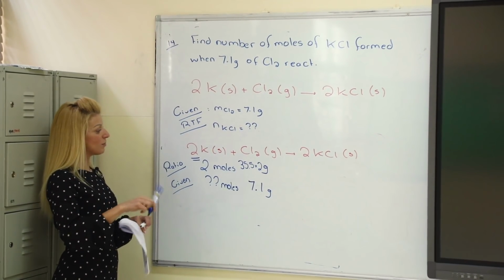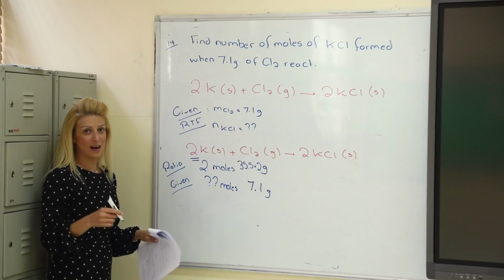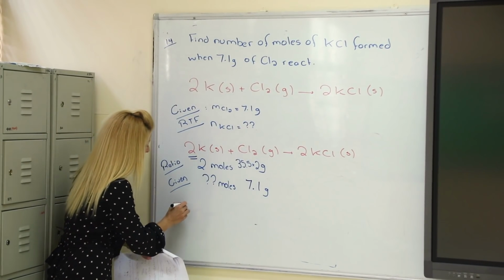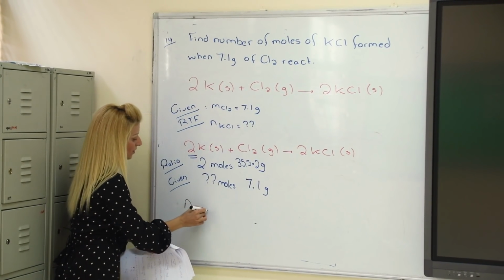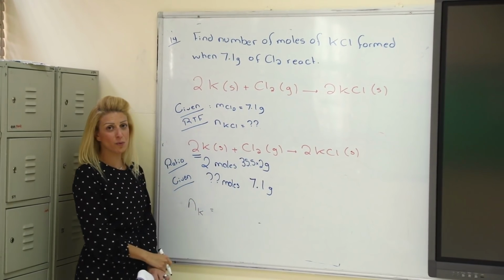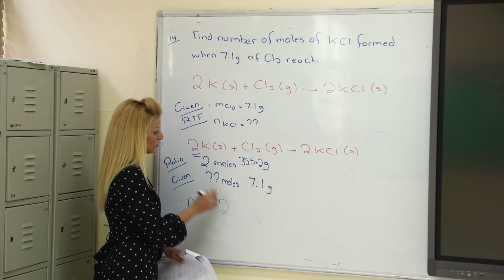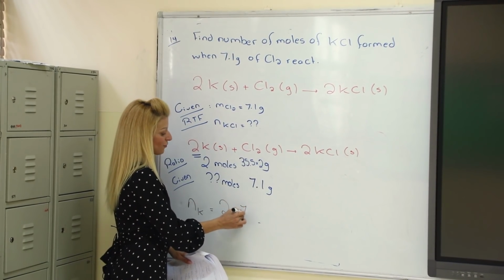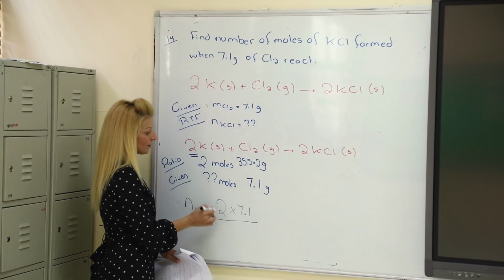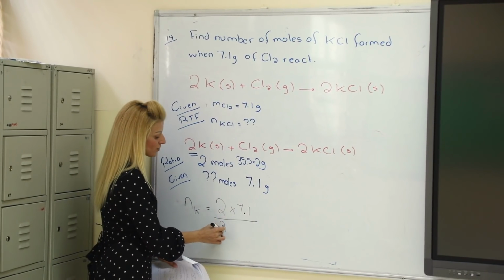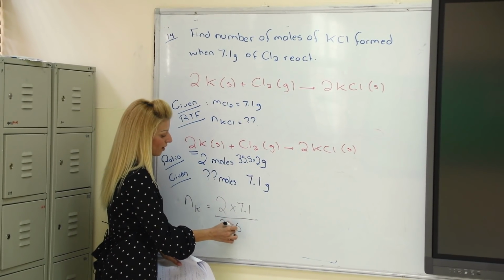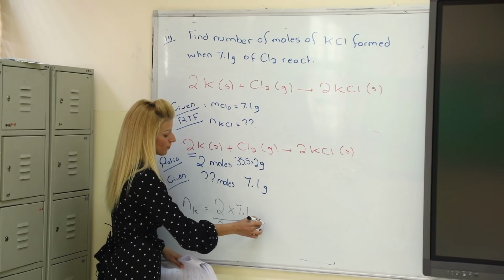Now we can cross multiply and get our final answer. So the number of moles of potassium that are needed to react with the 7.1 grams of chlorine equals 2 times 7.1 divided by 35.5 times 2.